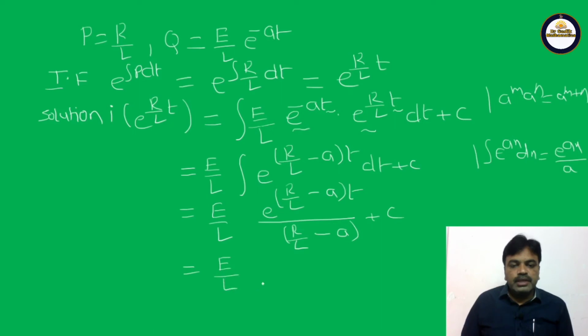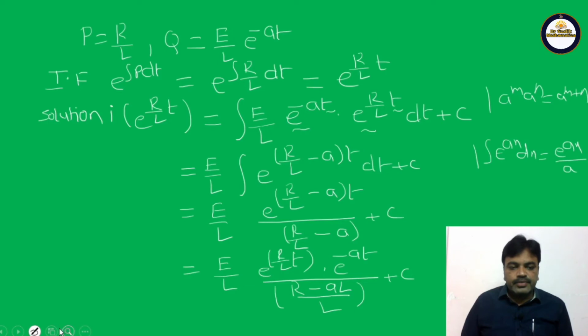E by L, e power r by L, I want to multiply here by t, so e power r by L into t into e power minus a t, divided by, I want to find the LCM here, we get LCM is L, so (r minus a L) by L, plus c.